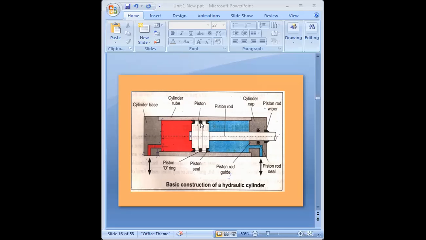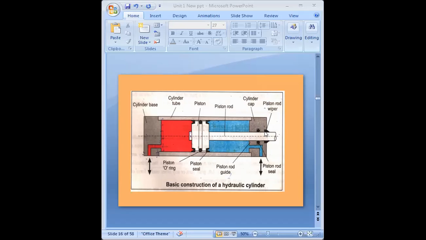And this cap end, you can see this cap end, carries the seals, and a wiper is also there over this piston rod.